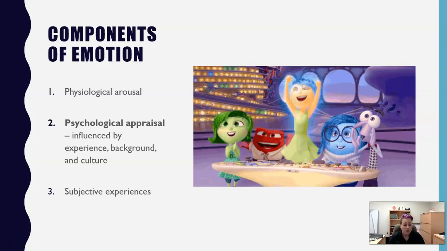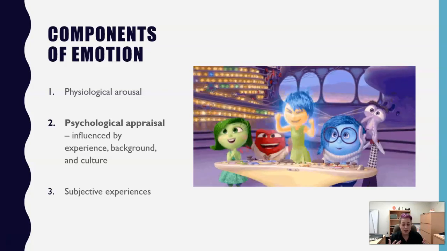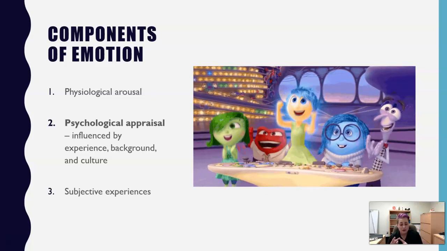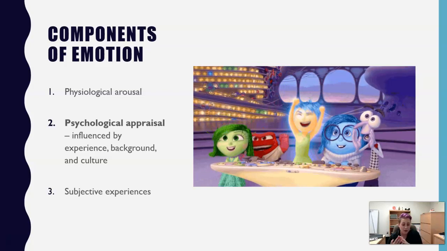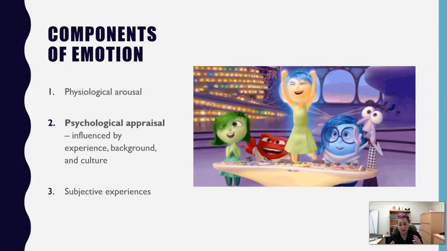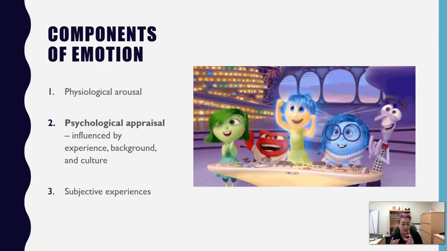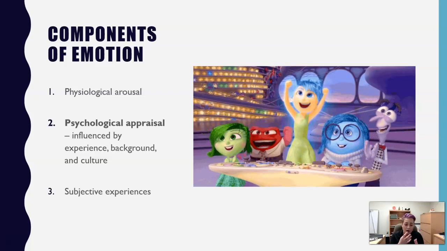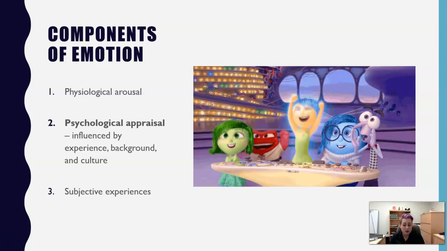Right? What emotions are you feeling when your heart rate increases? Fear, nervousness, excitement. There are all different kinds of emotions. So how do we determine which emotion is a result of this physiological cue, this psychological appraisal, and this experience? Those are all dynamic factors that are going to come into play when we talk about emotions.